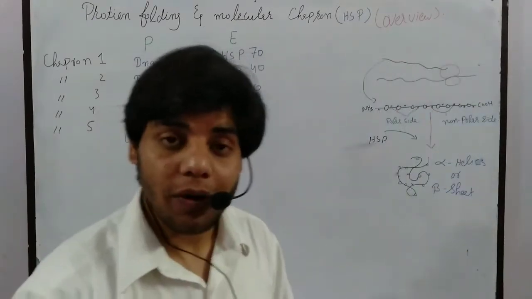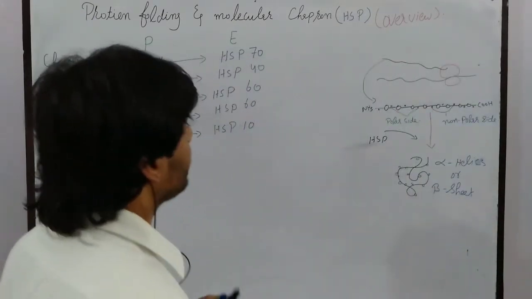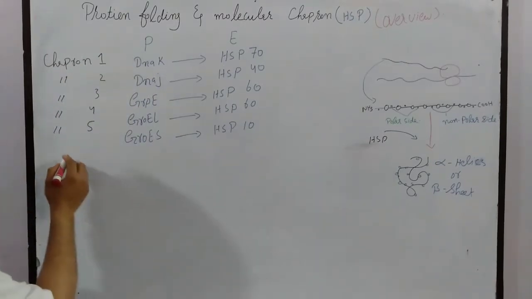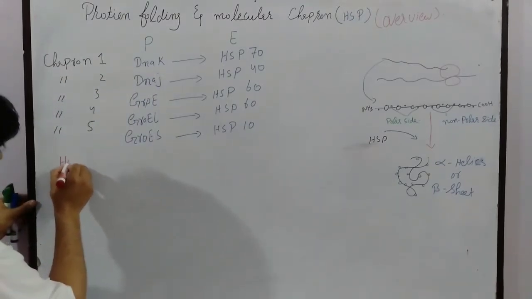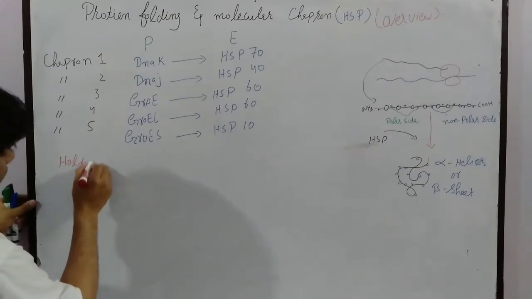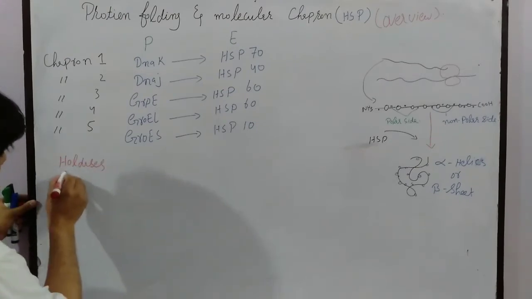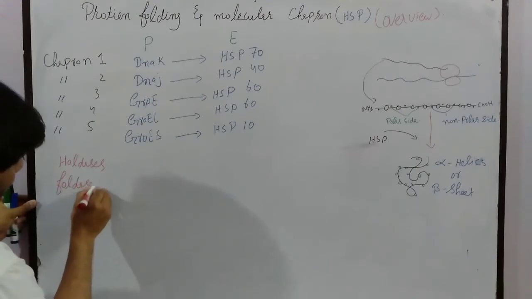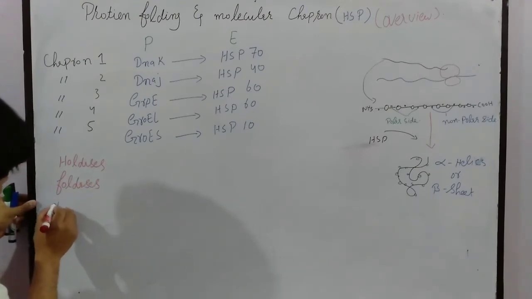Now then we have some other types of protein. On the basis of their activity we have some other types like Holdases, foldases, and disaggregases.